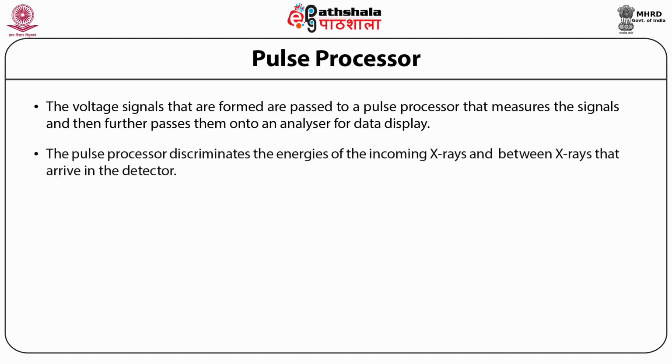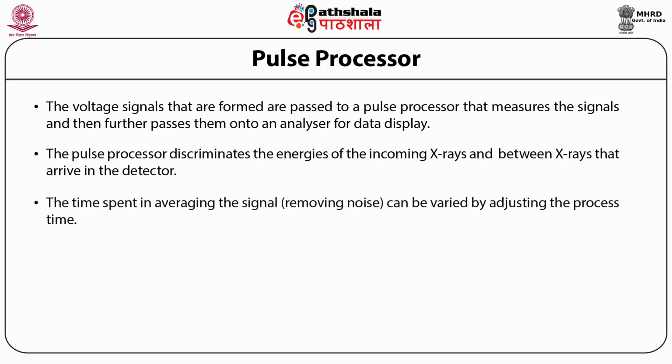The pulse processor discriminates between the energies of the incoming X-rays and between X-rays that arrive in the detector. This is an important component, because the whole mechanism of this detection is based on this discrimination of X-rays.